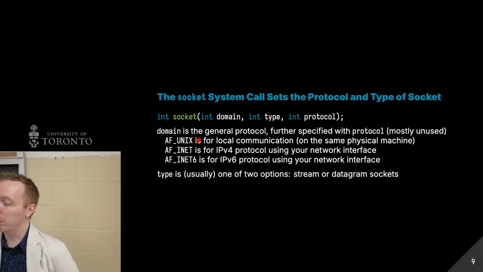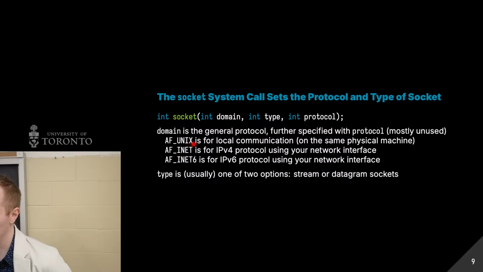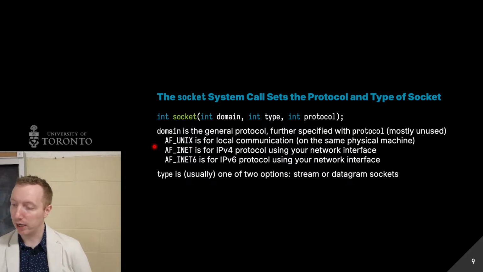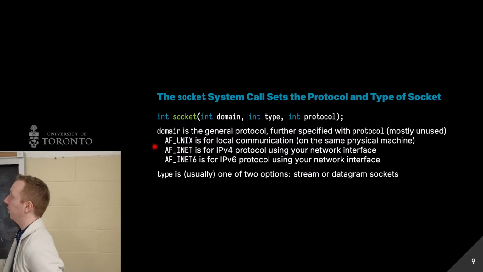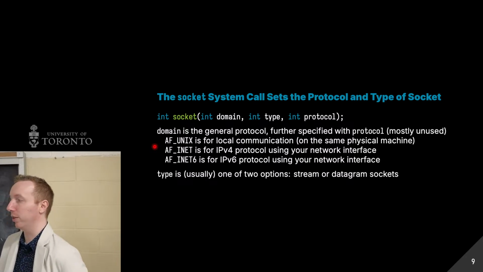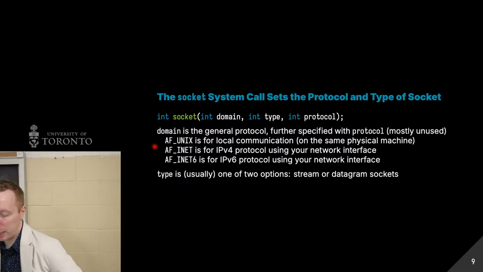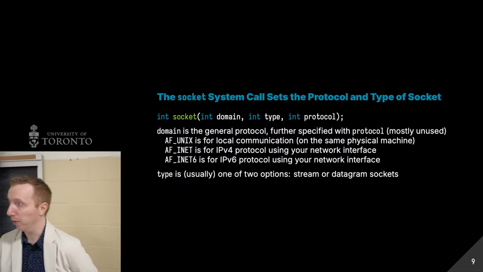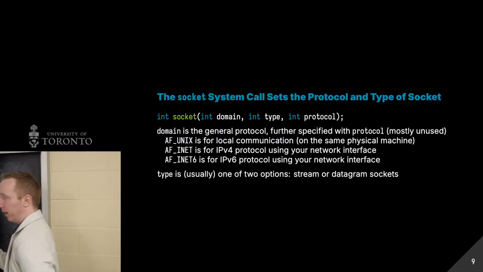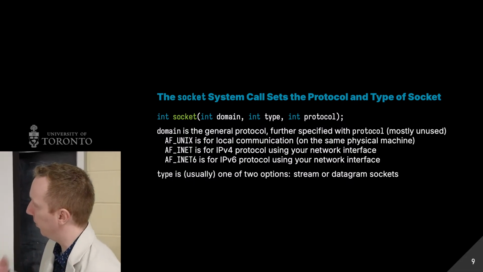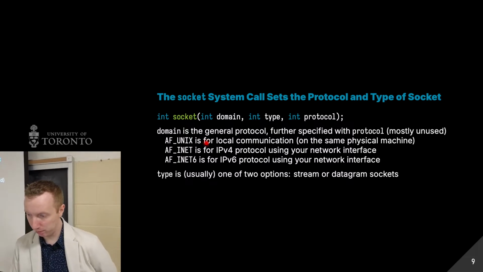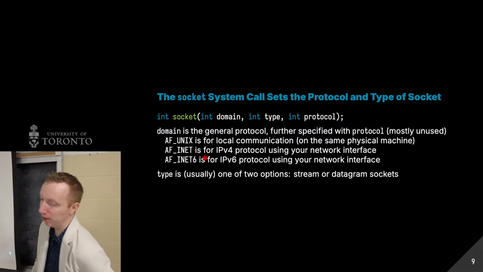AF_UNIX for local communication on that same physical machine, where the locations we'll see given by a file. Then there's AF_INET, which is an IPv4 protocol using your network. So that'll be an IP address like 8.8.8.8, a valid IP address. So you'd use INET, and then IP, or INET6 is IPv6.